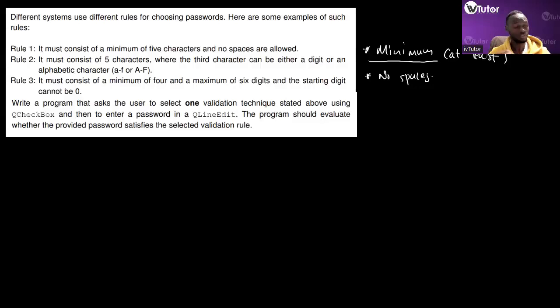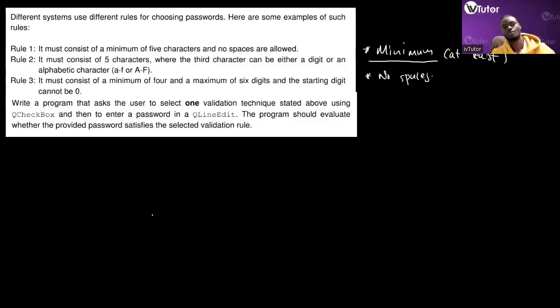It's 3 rules, 3 regular expressions. So either you go with a minimum of 5 characters, no spaces allowed, or you go with it must consist of 5 characters, third character can be a digit or an alphabetic character. Third rule is it must consist of a minimum of 4 to 6 digits. So just 3 regular expressions that we're doing here. And these are very easy.